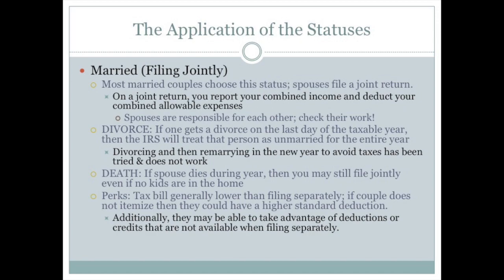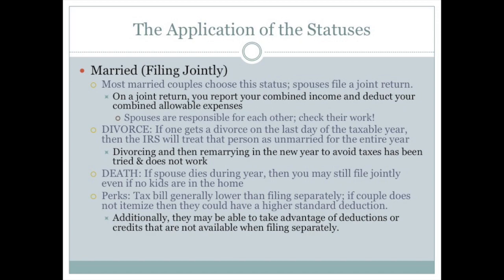This includes their math. If one gets a divorce on the last day of the taxable year, then the IRS will treat that person as unmarried for the entire year. Divorcing and then remarrying in the new year to avoid taxes has been tried and it does not work.